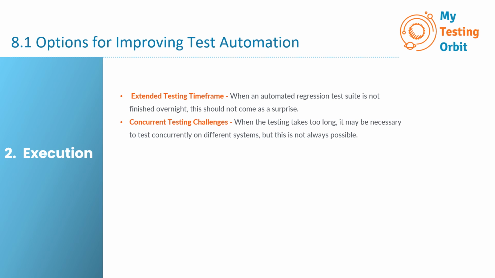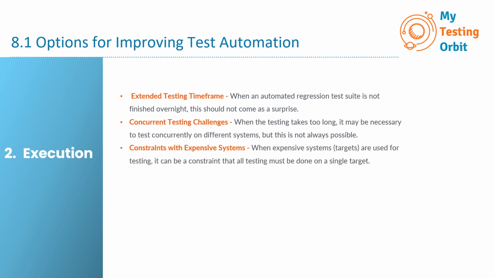It can be due to limited resources, such as insufficient hardware resources or network constraints, because that can really affect concurrent testing. Or there can be some compatibility issues as well, such as device-specific bugs or some inconsistencies in the test results across different platforms.